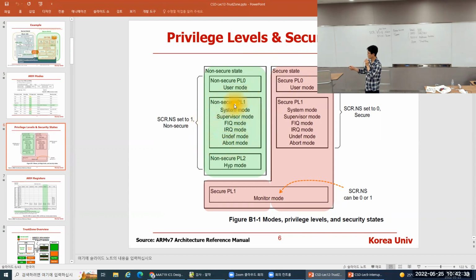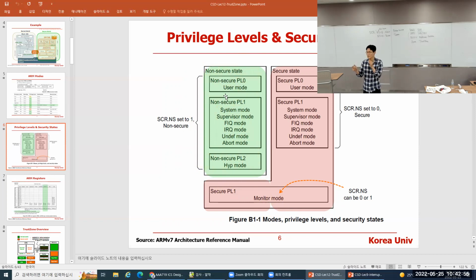There is PL1, privilege level 1, supervisor level, and hypervisor mode, and user mode. If you count 1 through 8, monitor mode is here. So all different operating modes are supported in normal world.